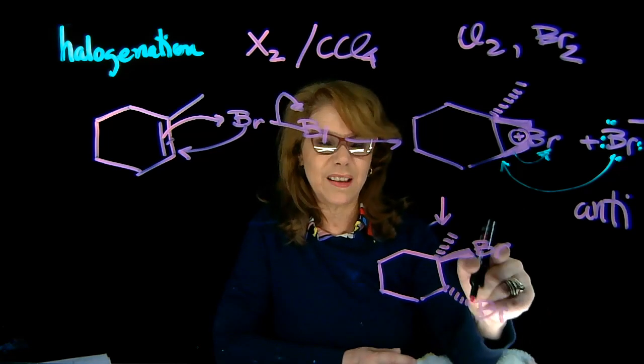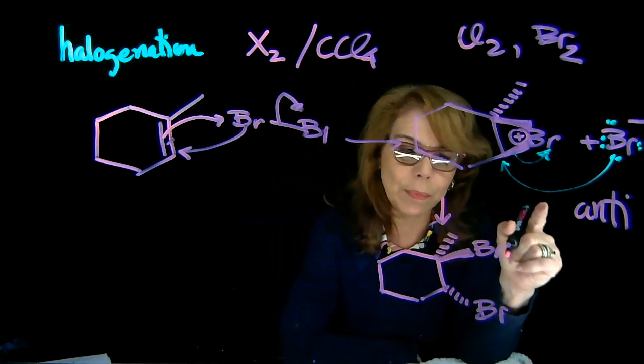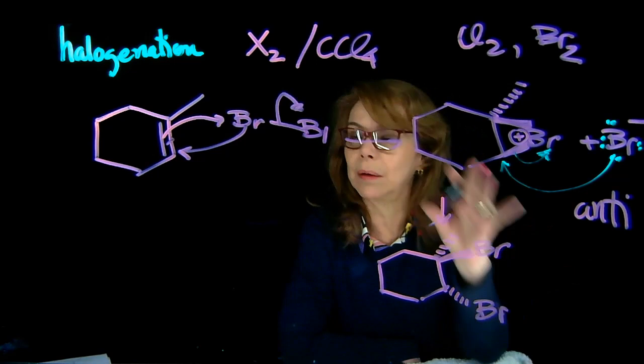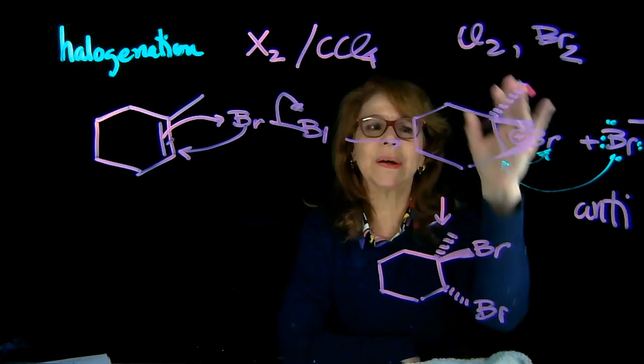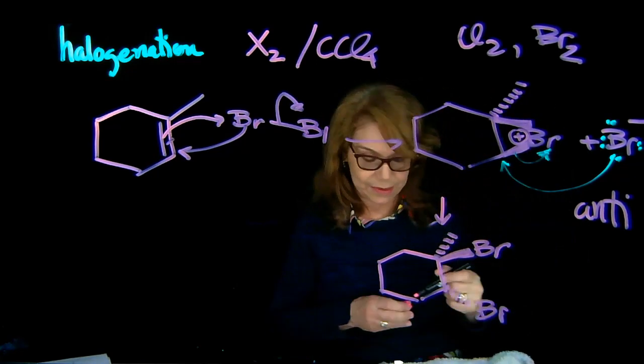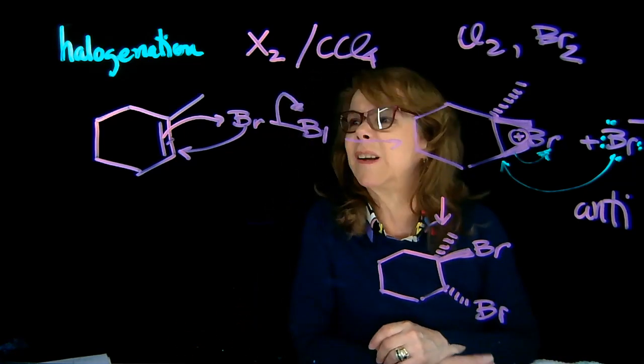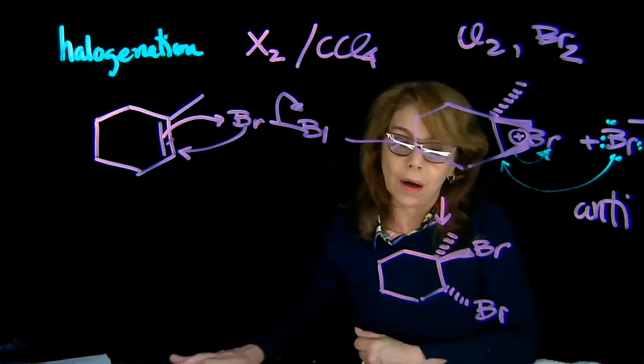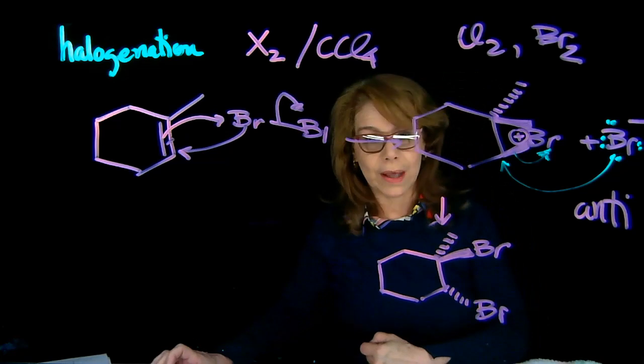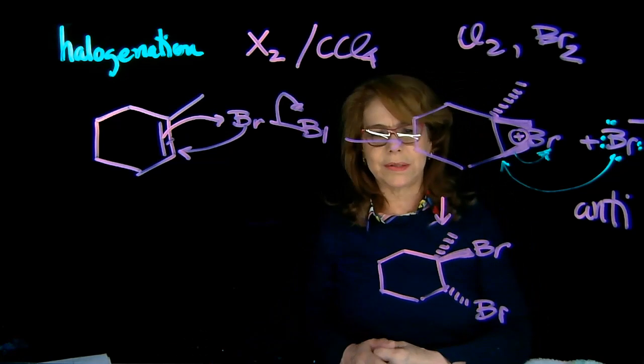Notice that the two bromines are added on opposite sides. That's what's important about this reaction, that it happens through this intermediate that is cyclic, and you will see several intermediates like that. In the halogenation, with oxymercuration, we do have that, and also in epoxidation.